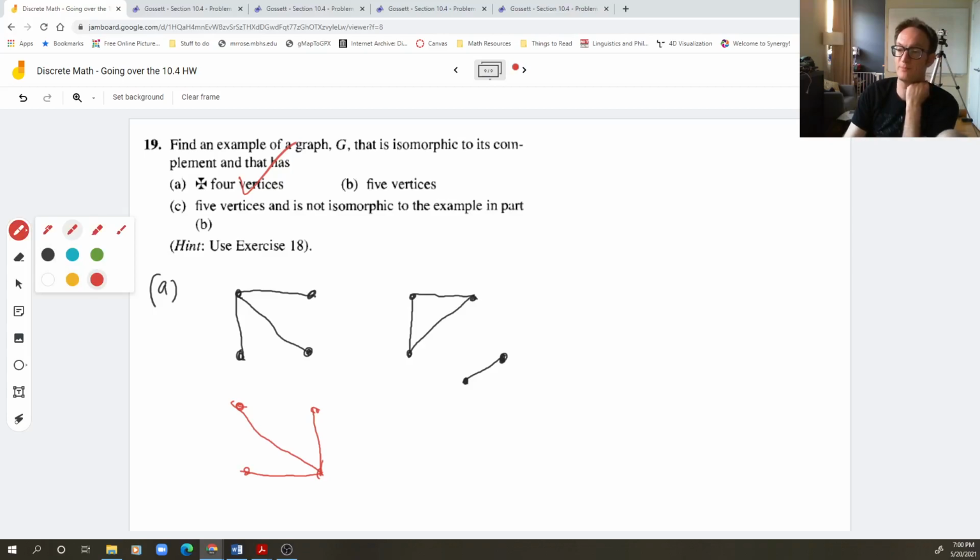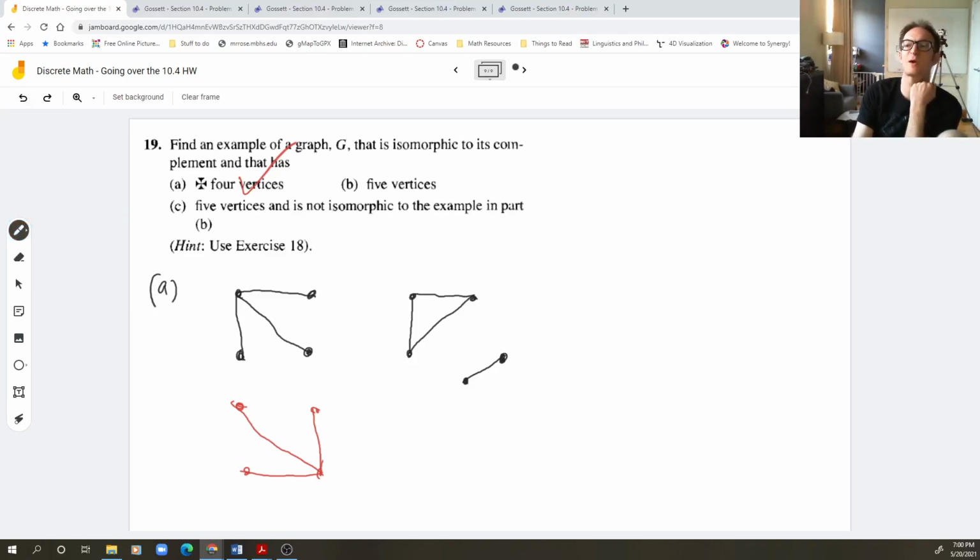What does the complement look like? The complement graph, every one of these vertices is so it's like, well, I bet that's just wrong, right? Yeah, that's just wrong.